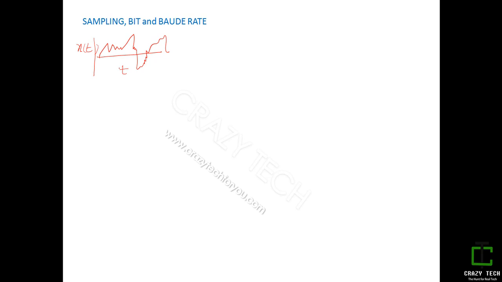So I'm going to store this signal in my computer or any storage device. You know that the computer is going to store this value in digital format. So let's say this value is 2 volt. This 2 volt is going to be stored in a computer.